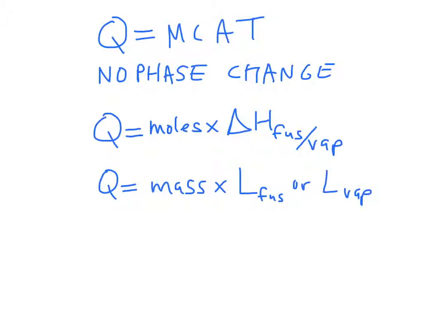The way you'll know which your teacher is using is based on the units. The units for the heat of fusion and vaporization are typically kilojoules per mole, and the units for latent heat of fusion and vaporization are typically joules or kilojoules per gram. So you'll notice that it's per mass here, whereas here it's per mole, which is why we're multiplying by moles here, and why in the second equation we're multiplying by mass.